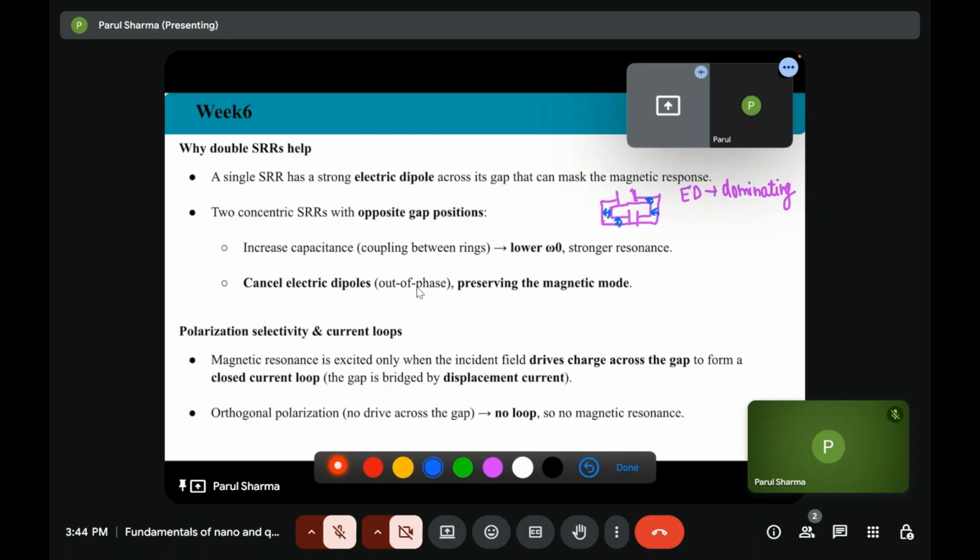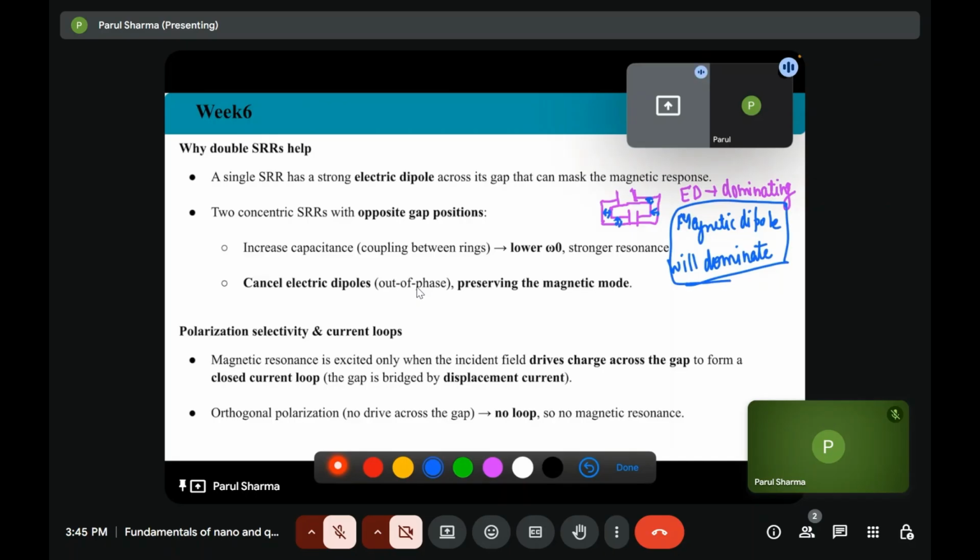So what will happen? The magnetic dipole will dominate. How are we considering these two SRRs? We are considering two concentric ones.